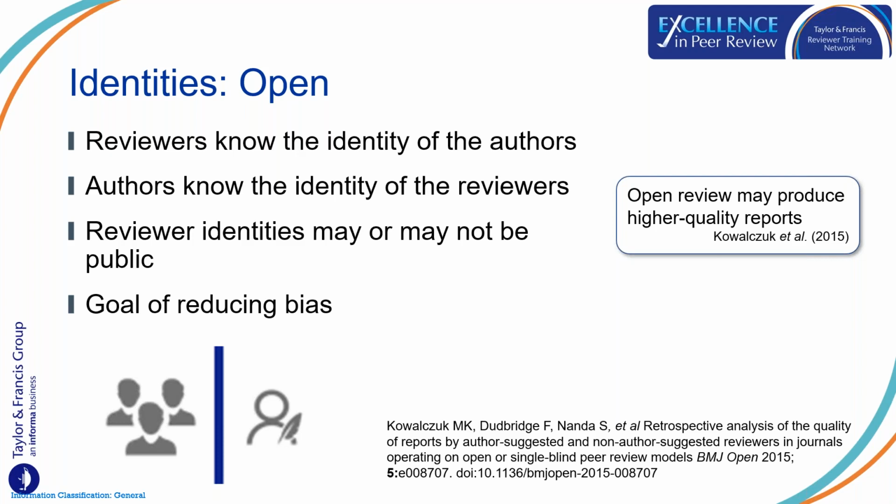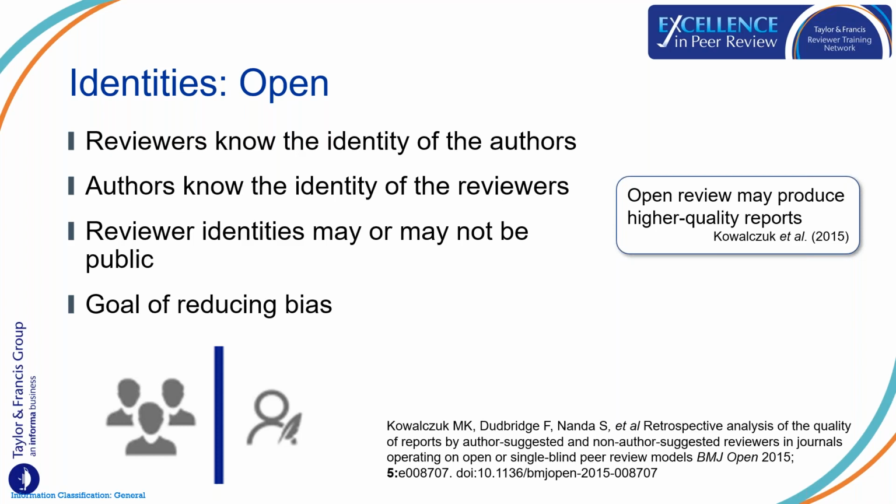It's important to note here that open peer review, in terms of the authors knowing the identity of the reviewers once that process is complete, doesn't necessarily say anything about whether those reviewer identities are made public. That's kind of a separate step. Some open peer review journals do that openness, so it's only the authors who find out who the reviewers are.